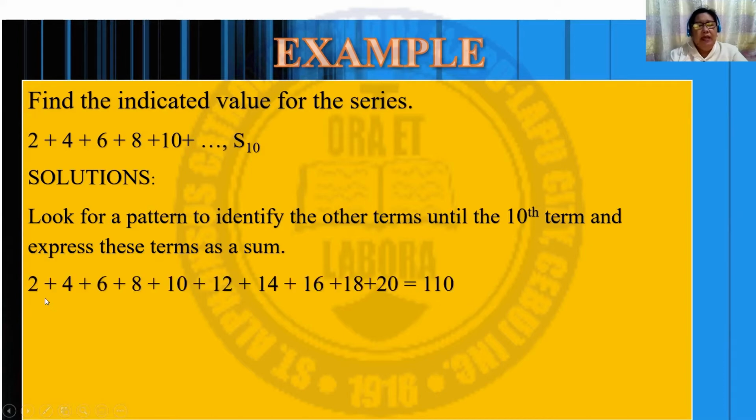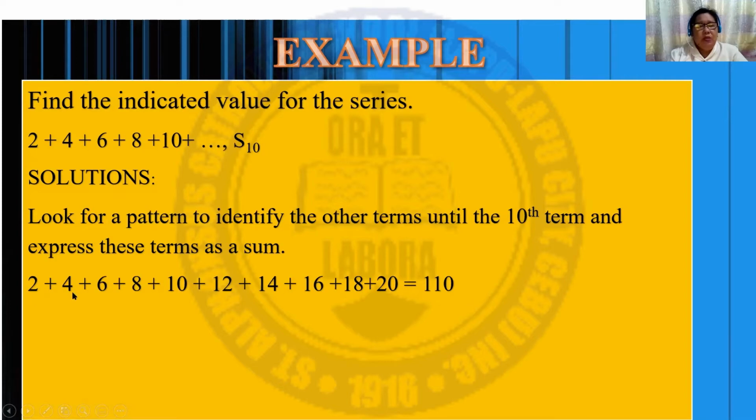So it would be like this. 2 plus 4 plus 6 plus 8 plus 10 plus 12 plus 14 plus 16 plus 18 plus 20, which is equivalent to 110. The common difference is 2.